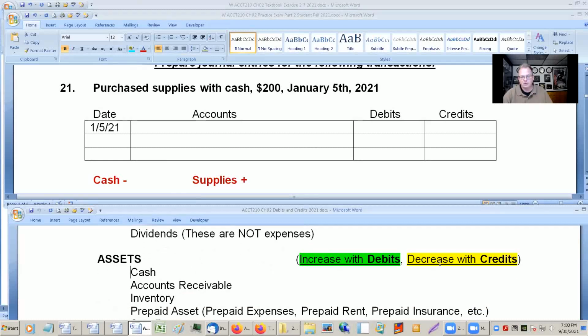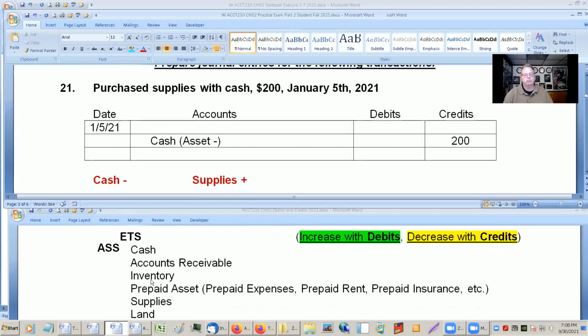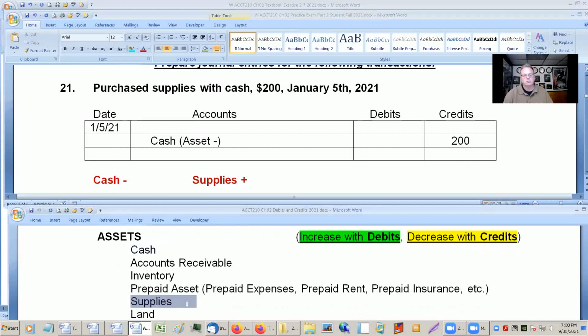There's cash going down with the credit. Supplies is the debit. Supplies is going up.